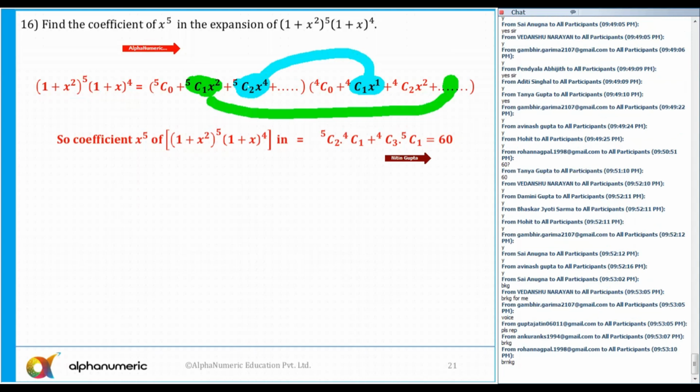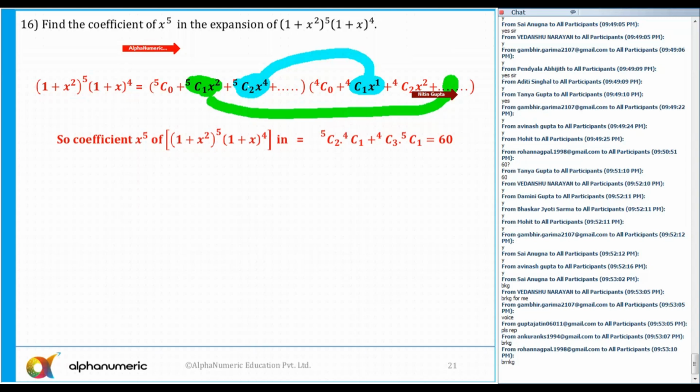Here I need to find out the coefficient of x raised to power 5 in the product of these two. So write down the general term here. 1 plus x square raised to power 5, expand it. So I'll get 5c0 plus 5c1 into x square plus 5c2 into x raised to power 4 plus 5c3 into x raised to power 6. We'll get a total of 6 terms here. And here 1 plus x raised to power 4, I'll get 5 terms: 4c0 plus 4c1 into x raised to power 1 plus 4c2 into x square and so on.